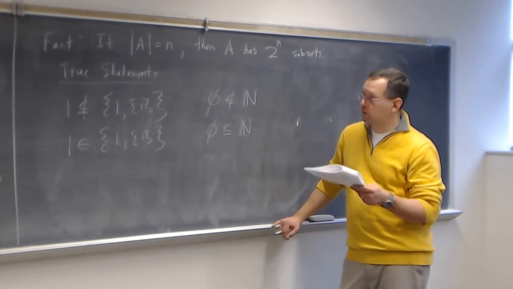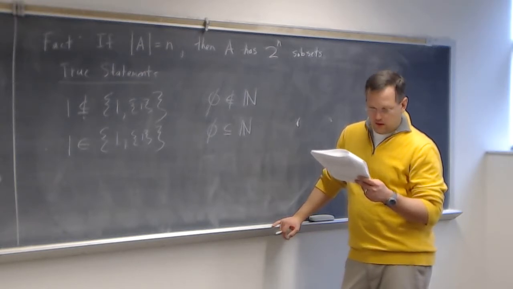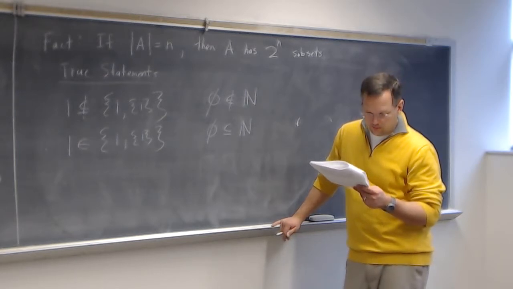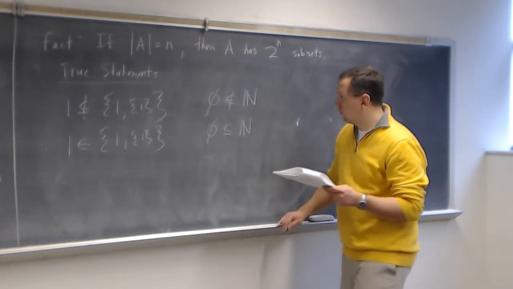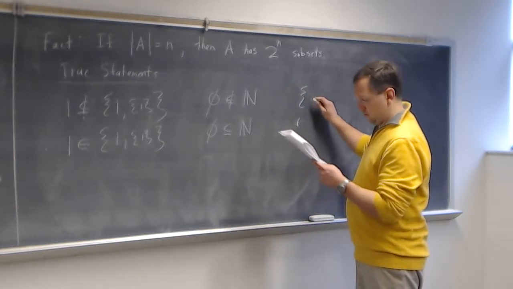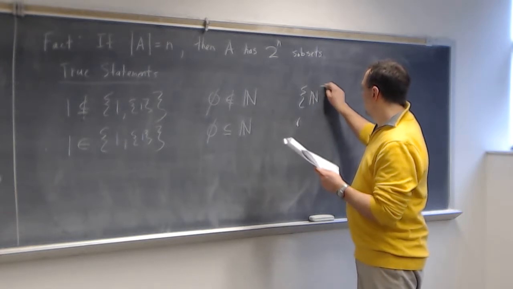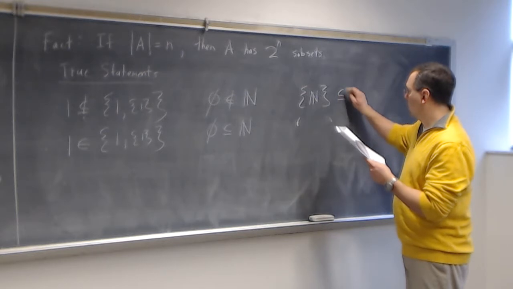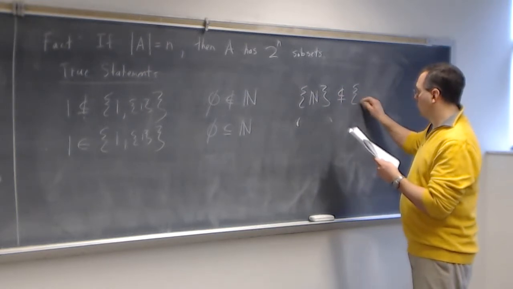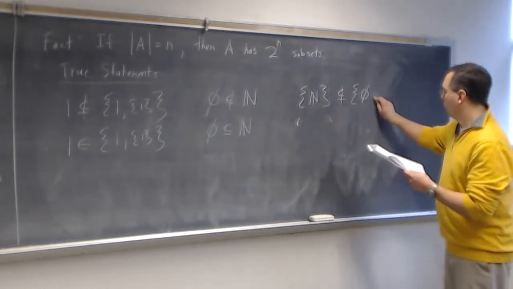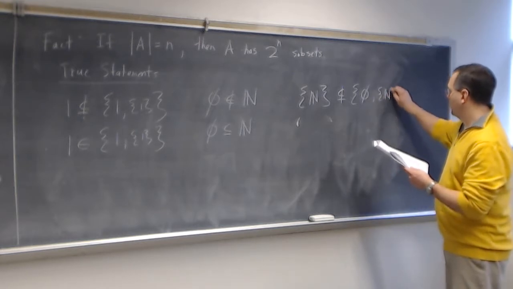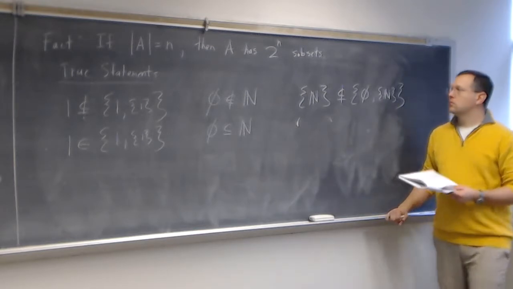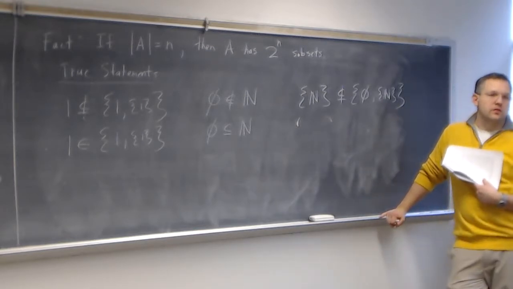Basically we're looking at the difference between element of, not an element of, and subset of, or not a subset. How about this? Why is this true?